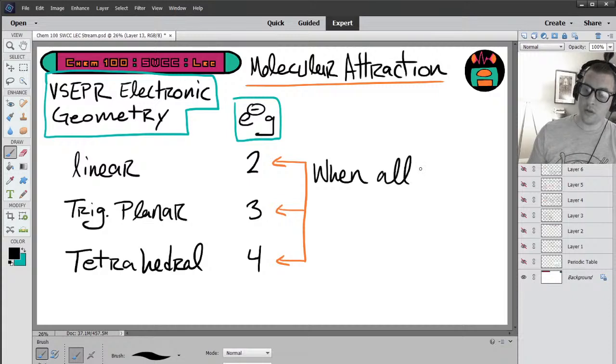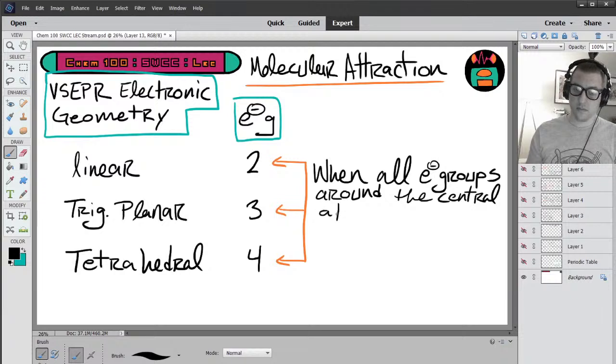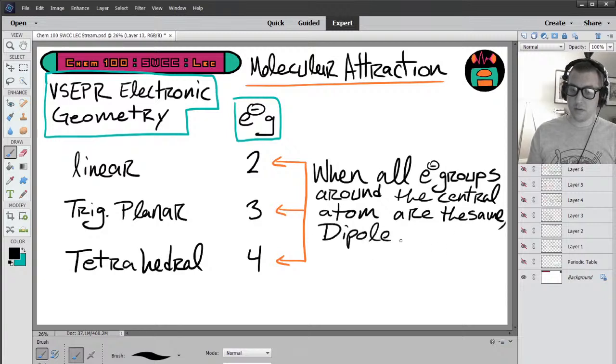When all electron groups around the central atom are the same, dipoles cancel, and the molecule is nonpolar.